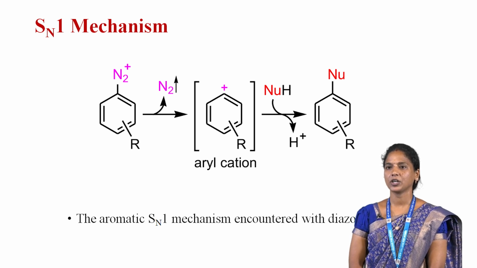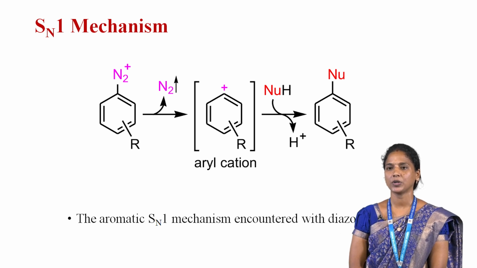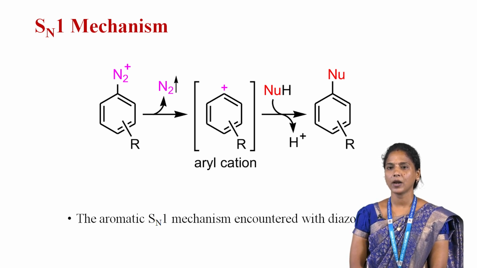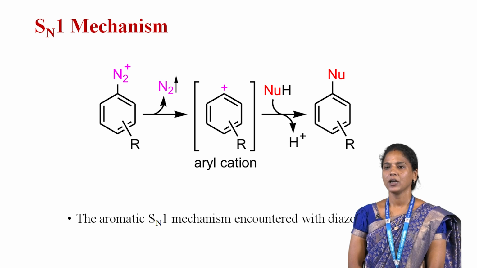Elimination of nitrogen gives an aryl cation, and attachment of the nucleophile gives a substituted product. This is the aromatic SN1 mechanism encountered with diazonium salts. An example of a nucleophile is chloride, which gives the chlorine substituted product.